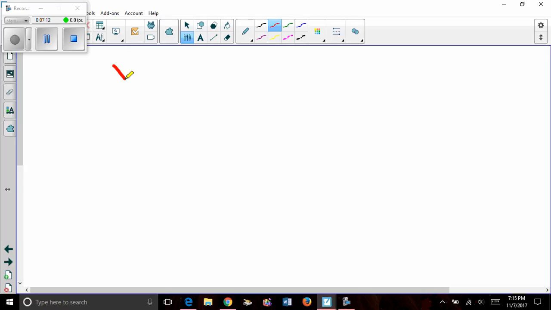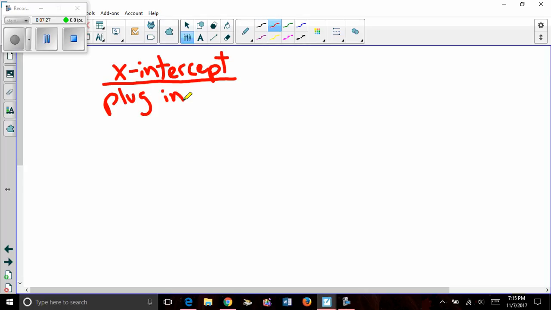In order to find an x-intercept, all we need to do is plug in 0 for y. Step 1. After that, all you have to do is divide.